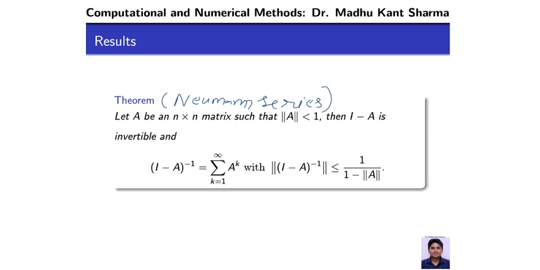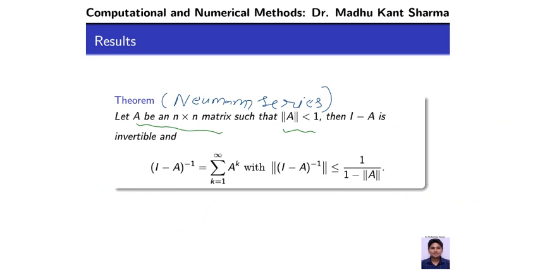So the Neumann series has already been covered, which essentially approximates the inverse of a matrix. Okay, so if I recall, A is an n cross n matrix whose norm is less than 1, for some subordinate matrix norm. Unless mentioned otherwise, we are talking about a subordinate matrix norm.